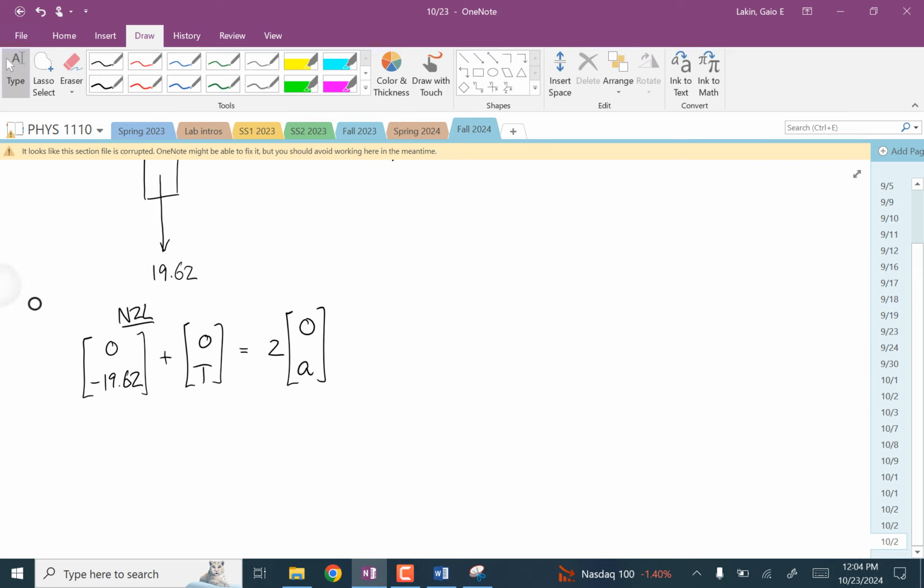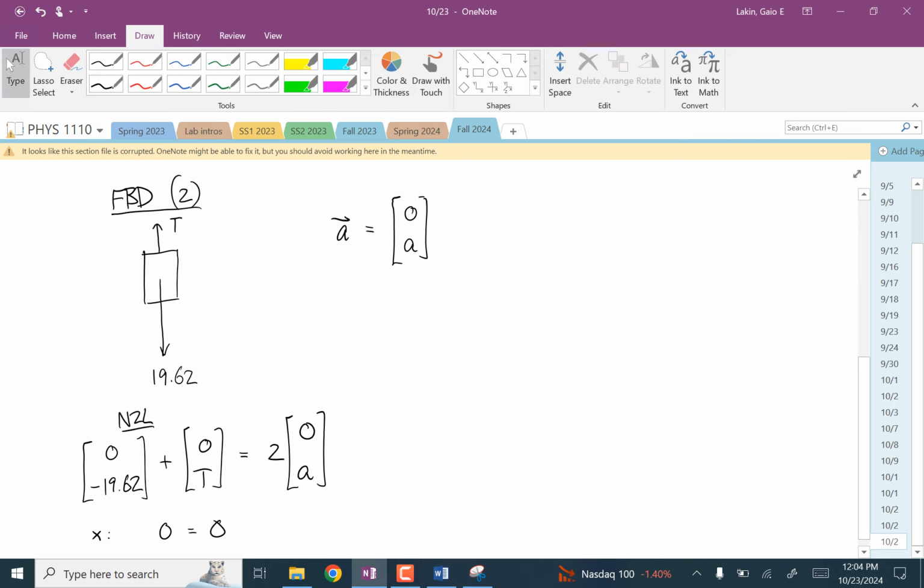And we get two equations from Newton's second law. The x equation says 0 equals 0, which obviously isn't of any use. The y equation is the one that we're going to come back to. This is the one that says negative 19.62 plus T is equal to 2a.